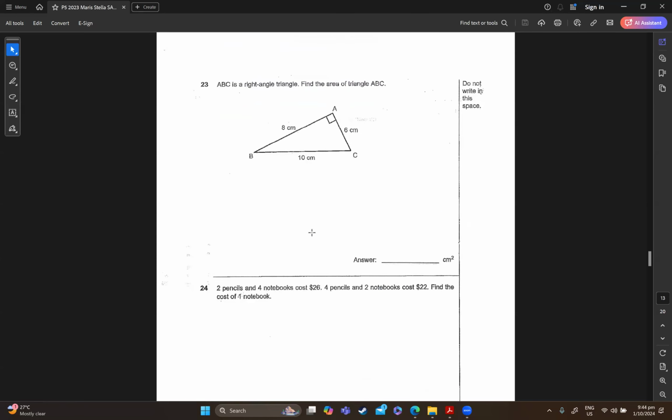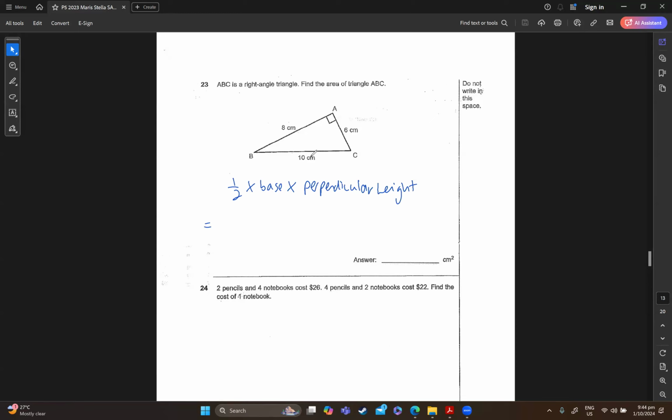Question 23. ABC is a right-angled triangle. Find the area of triangle ABC. Okay, so the formula for area of triangle is half times base times not just any height, but perpendicular height.